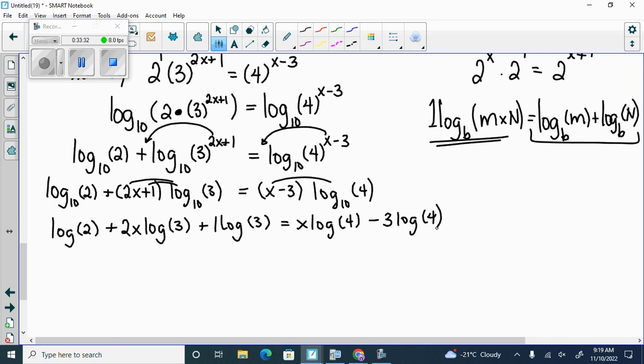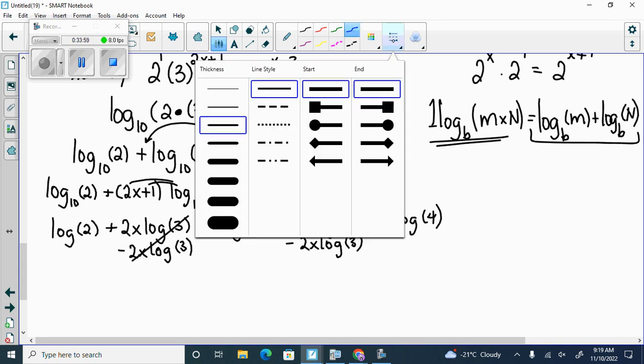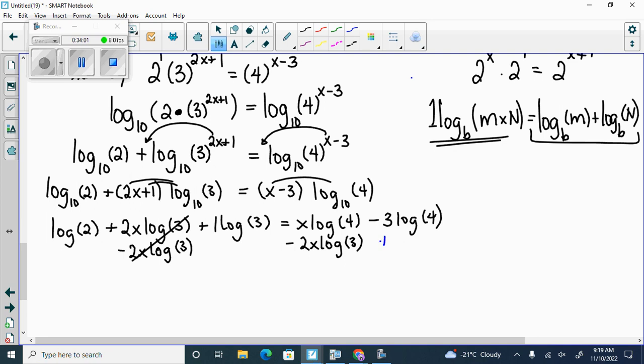What's my next step always after expanding? Move the x's to one side, number to the other. Fastest way to do that is to move this x to that side, so I'm going to subtract 2x log 3. And then I'm going to add 3 log 4 over.